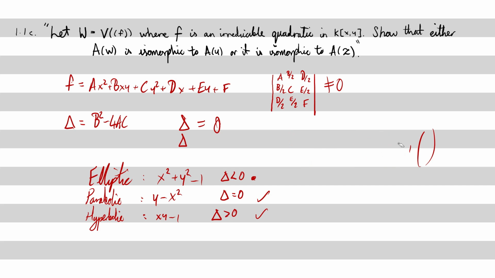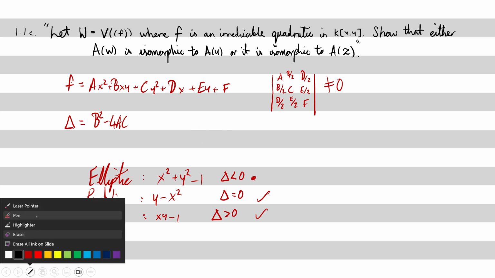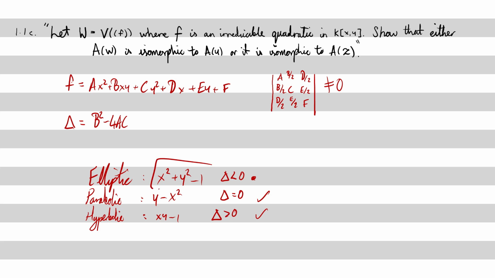And it just so happens that you can always change it to that. But we need to check what the affine coordinates of the unit circle are, which we can do now.